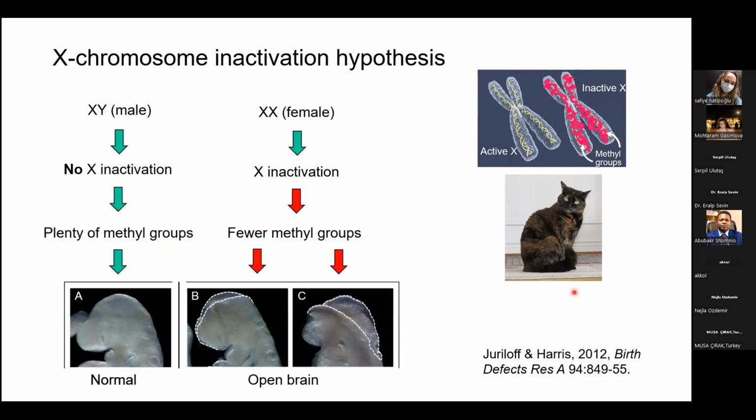And so what we then think is that the male embryo on balance has more chance of being normal, and the female embryo on balance has more chance of developing anencephaly.